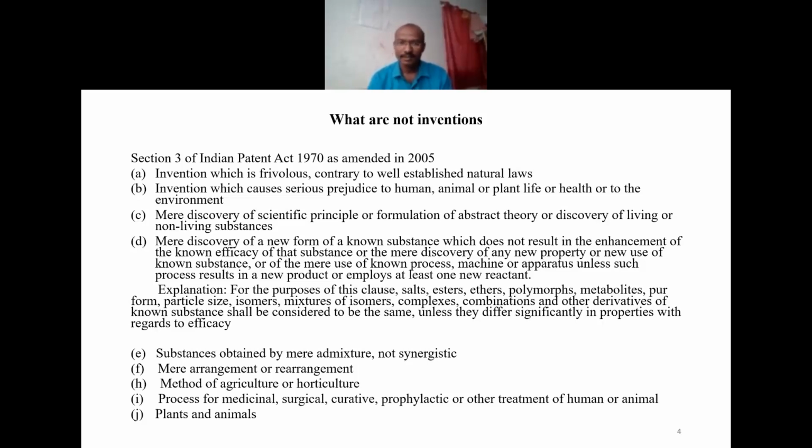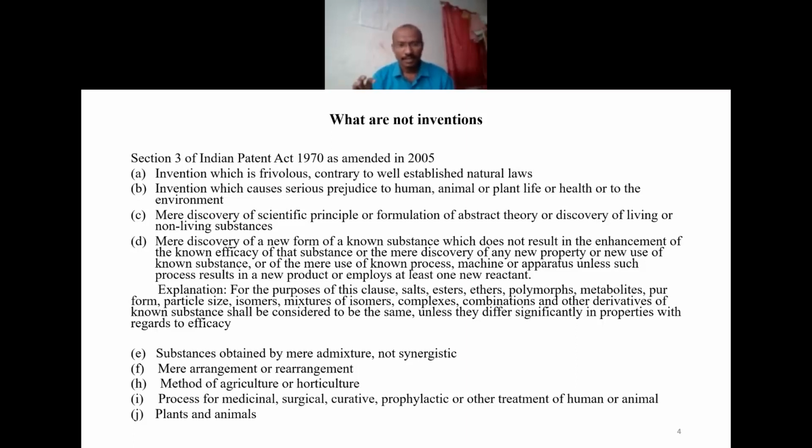Then again that will extend the product life, then again they will come up with different polymers of that compound, again they will come up with a different use of that particular compound, then again they will come up with a different particle size of that compound, and they will keep on evergreening their protection for that particular molecule, which is called patent evergreening. So this particular section, section 3D, is such that it blocks such patent evergreening.